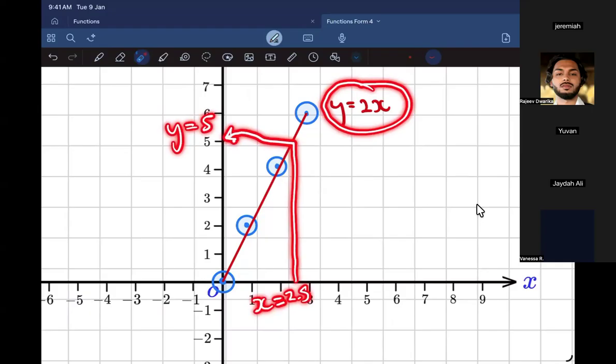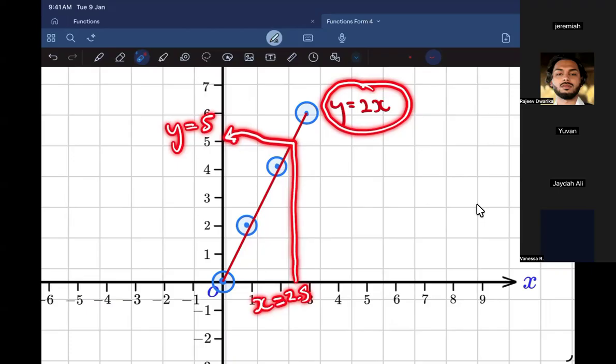Yvonne, could you justify why 2.5, 5 is a point on the graph? If I were to ask you that, would you know how to justify it? So if a point is on the line, it should satisfy the equation of the line.